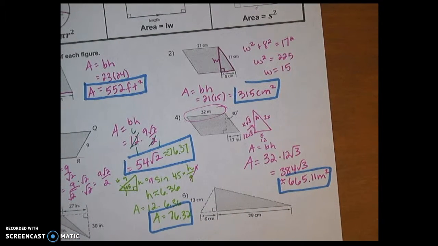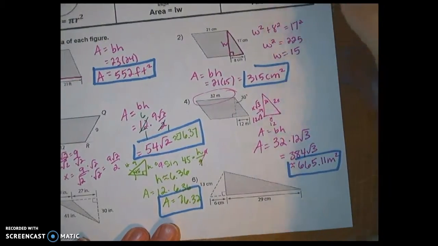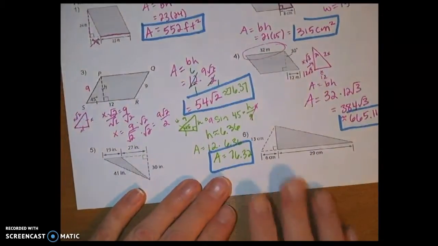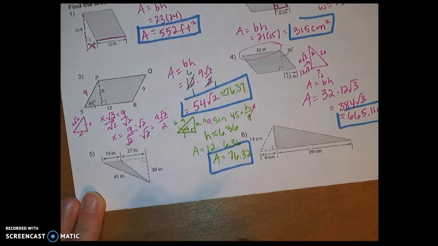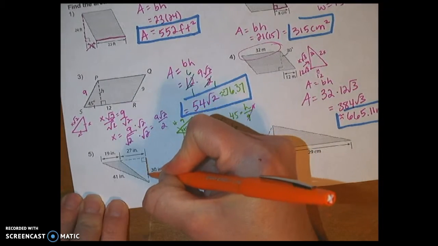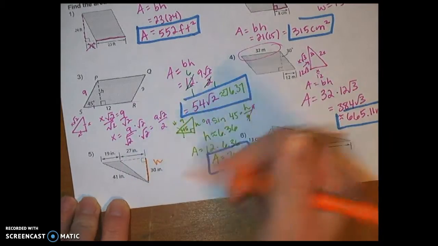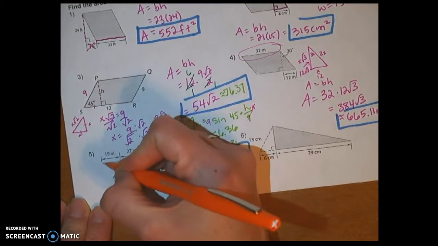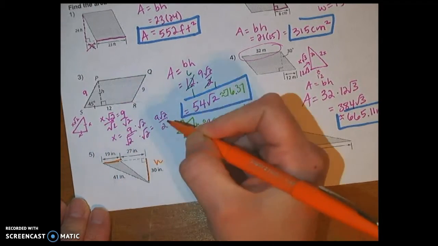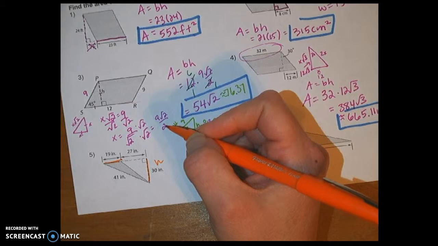Alright, so in these last couple on the front page of the notes, you can see in number 5 we've got a triangle. Again, the biggest thing is that you have to understand that this right here is my height. It does not matter that it's not inside the triangle. The base that it is connected to is right here, so I'm going to use that base. They give you all kinds of sides.